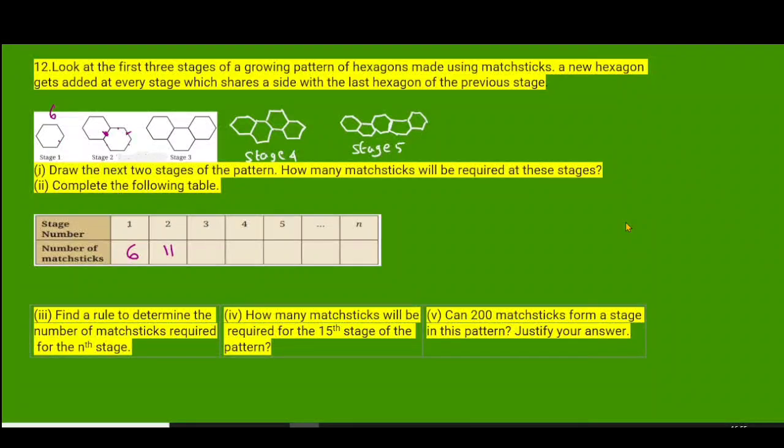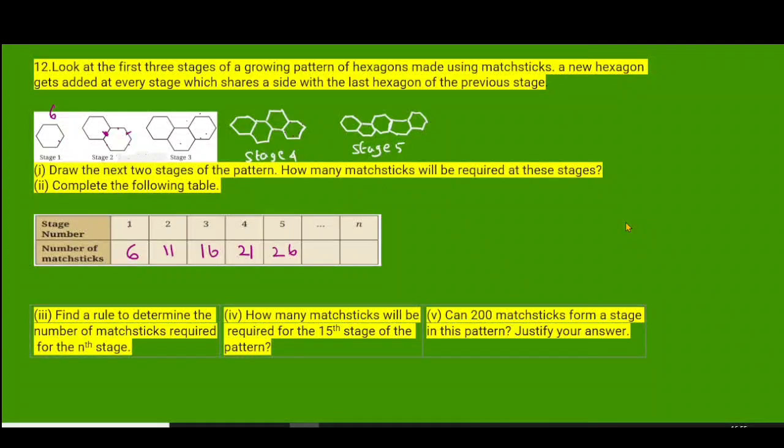Next, count: 11 and 12, 13, 14, 15, 16. Then 17, 18, 19, 20, 21. Fourth stage, 21 matchsticks. And here 22, 23, 24, 25, 26 matchsticks. Like that.